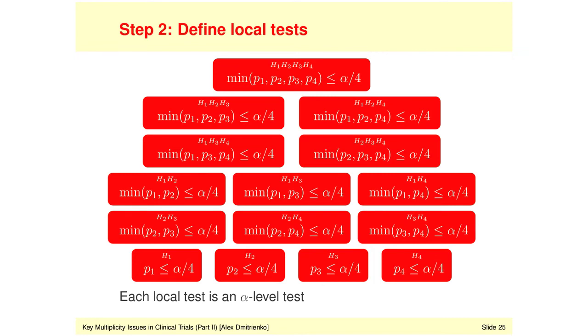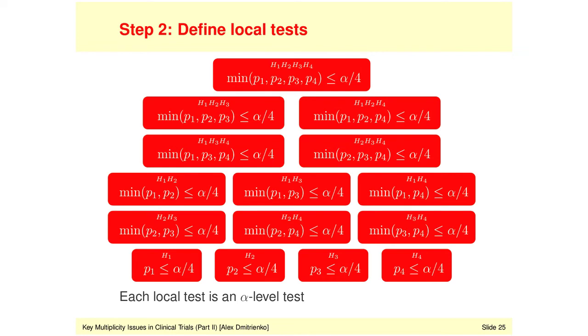The same conceptually similar approach will be applied to the other intersection hypotheses. The minimum p-value test will be slightly modified. It's going to account only for the hypotheses included within each individual intersection, but the alpha level will remain the same. As you can see throughout this diagram, each local p-value is compared to alpha over 4, including even the boxes displayed at the bottom of this diagram.